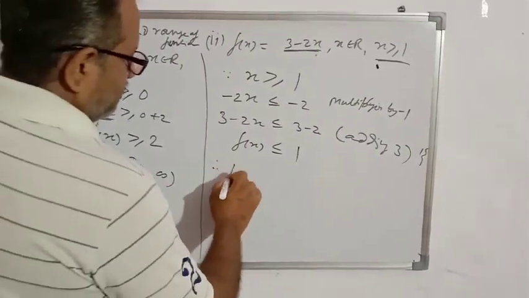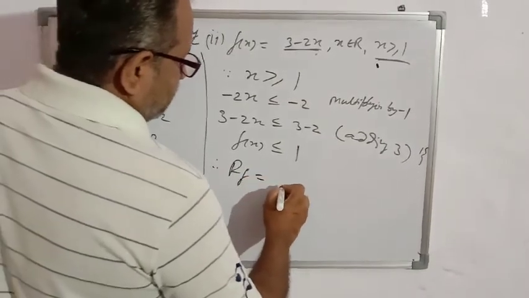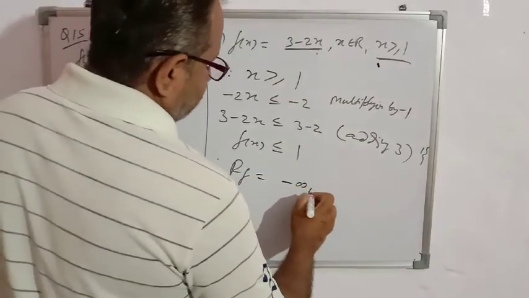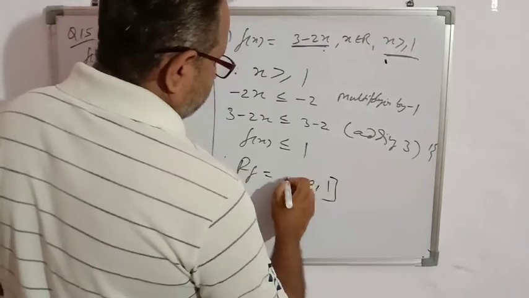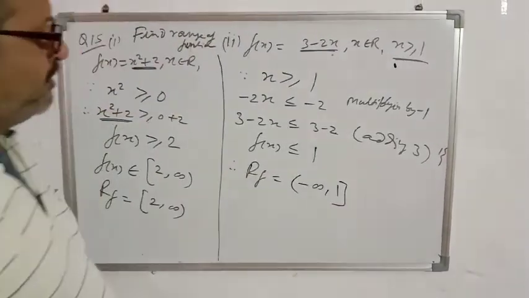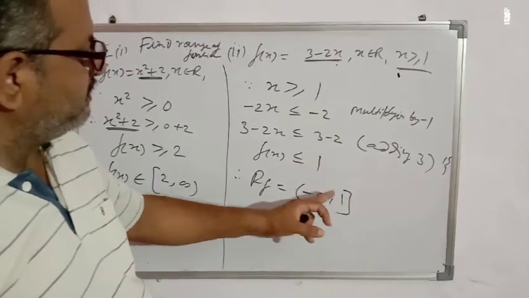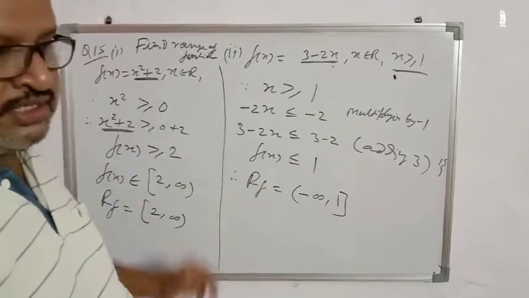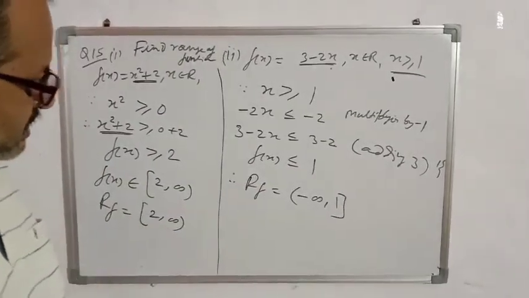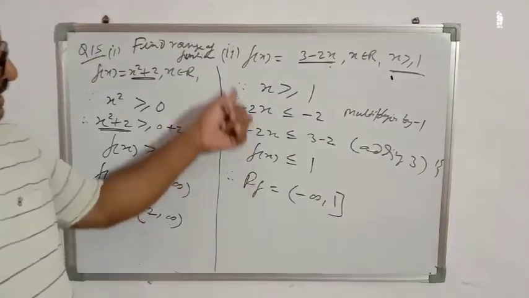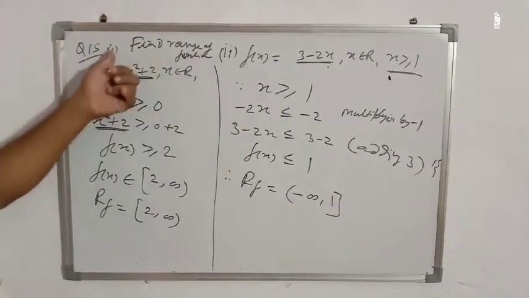Therefore, the range of the function will be minus infinity to 1. We put the closed interval sign at 1 because equal to 1 is given, and less than 1 means up to minus infinity. So this is the range of the function in the second part.